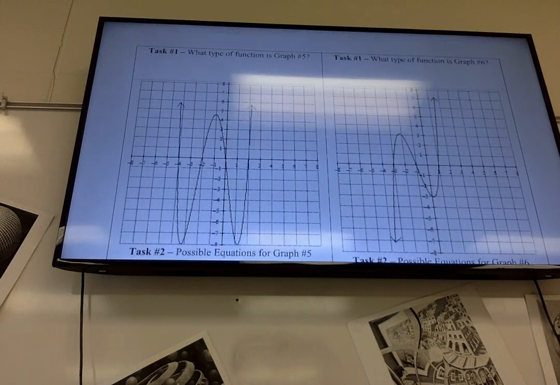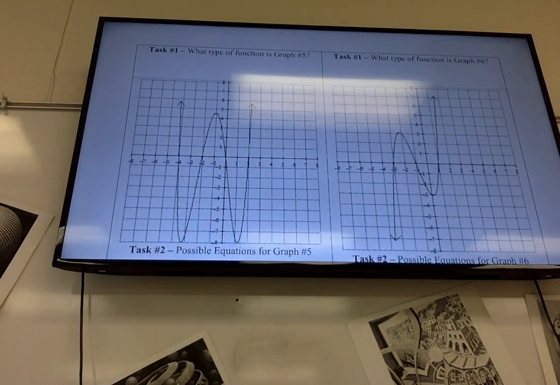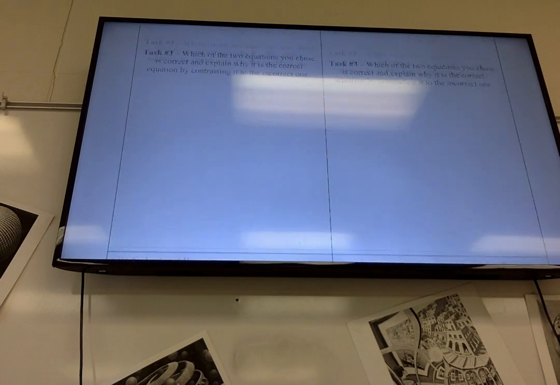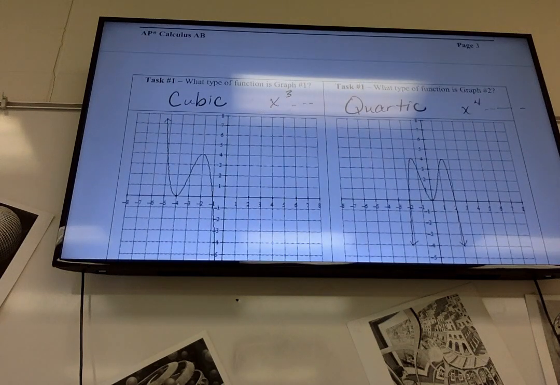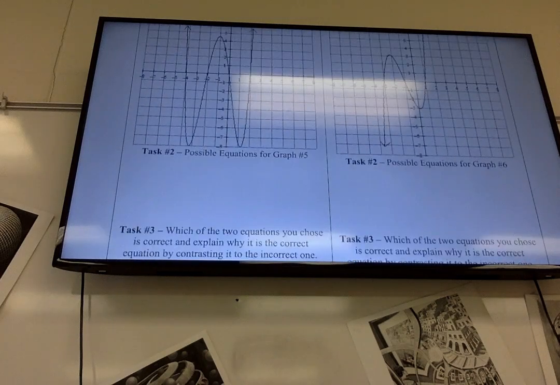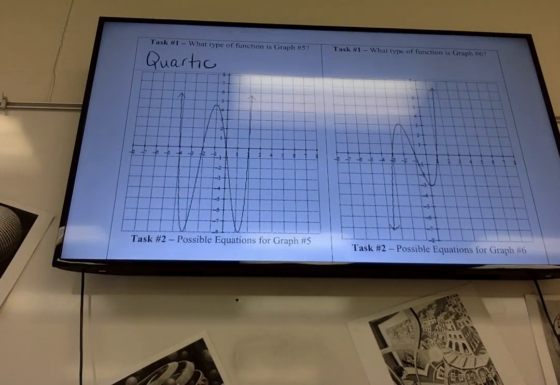Okay. What's that one? Number 5. No, it has 4. It's a quartic. I counted up. So how am I going to be able to tell the difference between the graph for number 5, the equation should say, and for number 2? Is it going to be a negative?